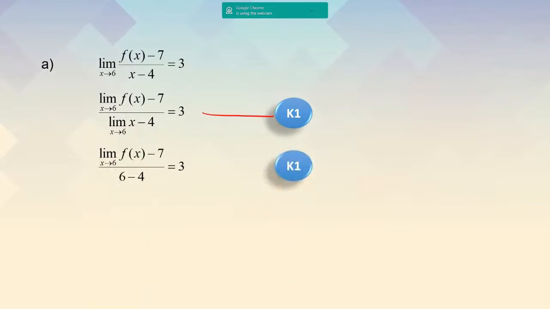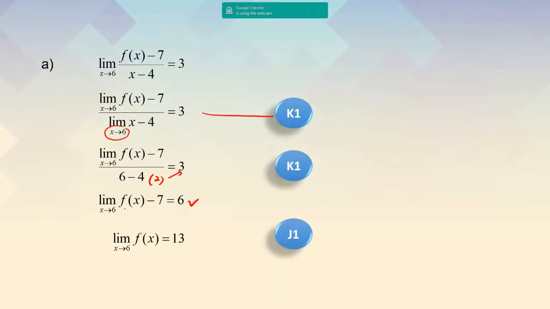Next, substitute the limit x approaches 6 into your denominator here, so you'll get 6 minus 4. Then you simplify: 6 minus 4 equals 2. So 2 times 3 equals 6, and then you simplify.